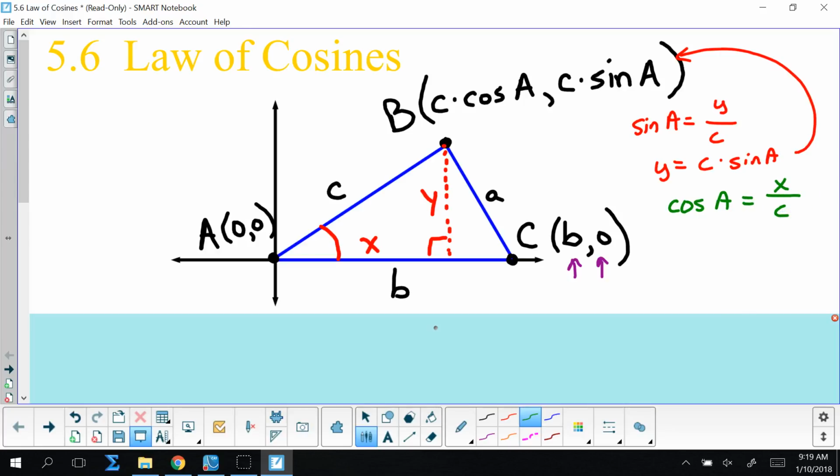I just lock this x in right there, the distance right there, part of that height triangle, if you will. Then x is equal to c times the cosine of A, which gives me the x component of that point.